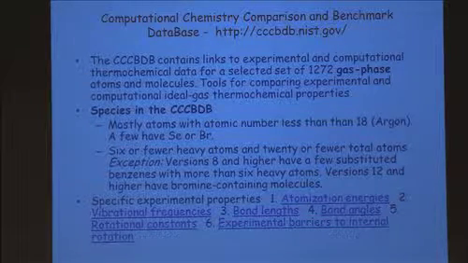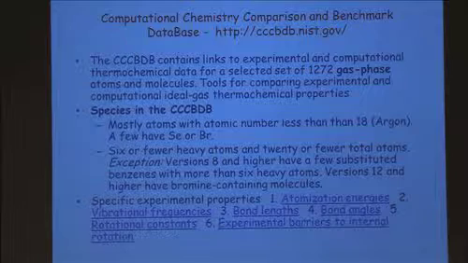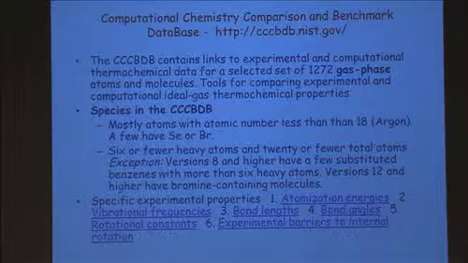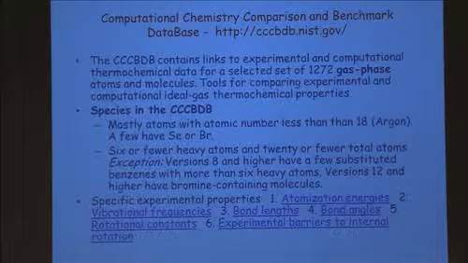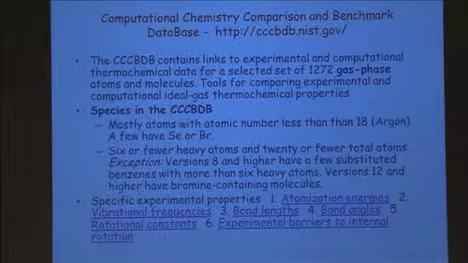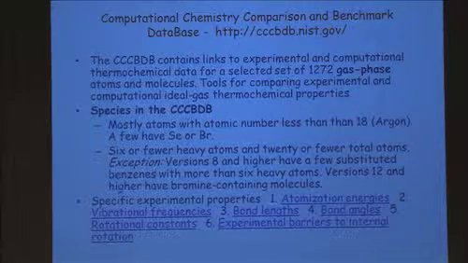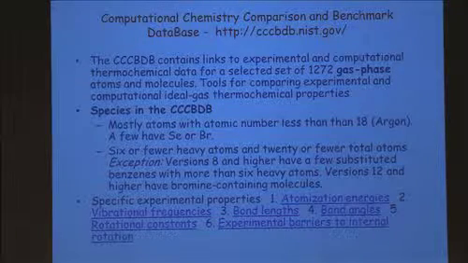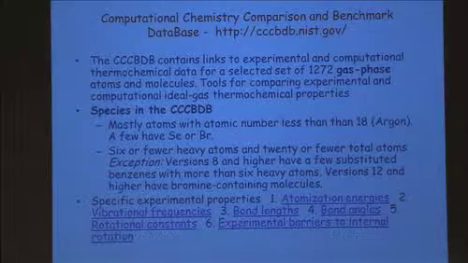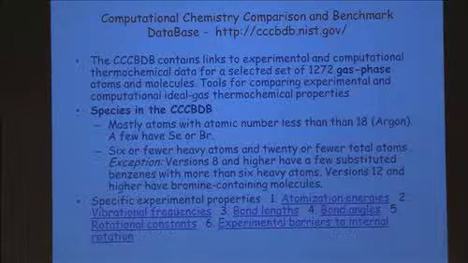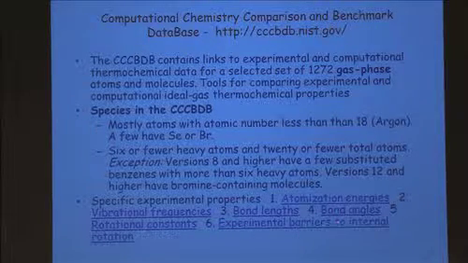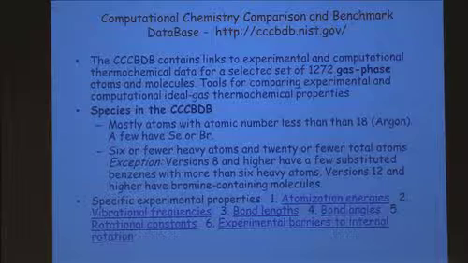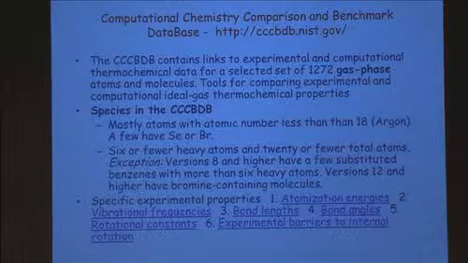So they're mostly atoms with atomic numbers less than 18, although there are some heavier ones as well, and with 6 or fewer heavy atoms and 20 or fewer total atoms. And they contain these things: atomization energies, which I'll define in a minute, vibration frequencies, bond lengths, bond angles, rotational constants, experimental barriers to internal rotation. It's a phenomenal source of information.